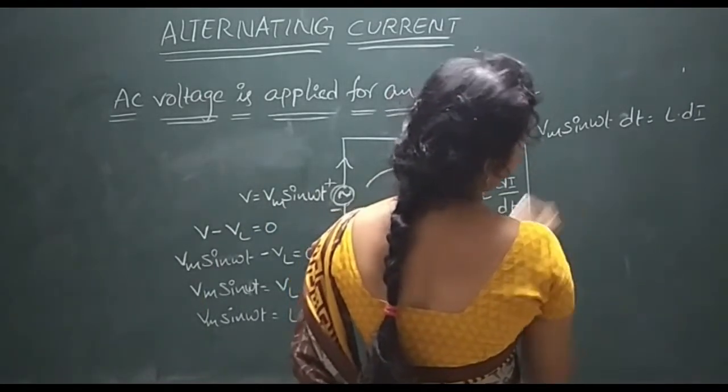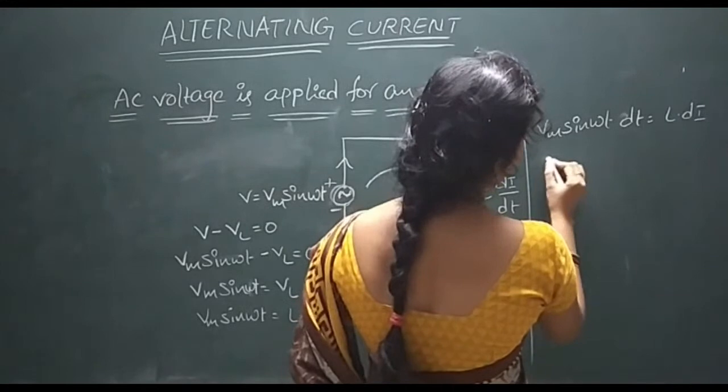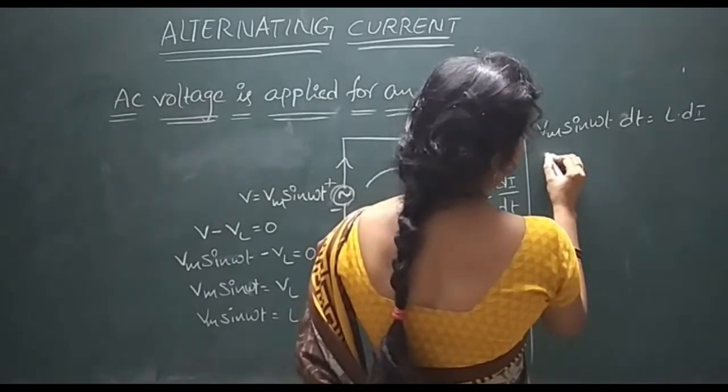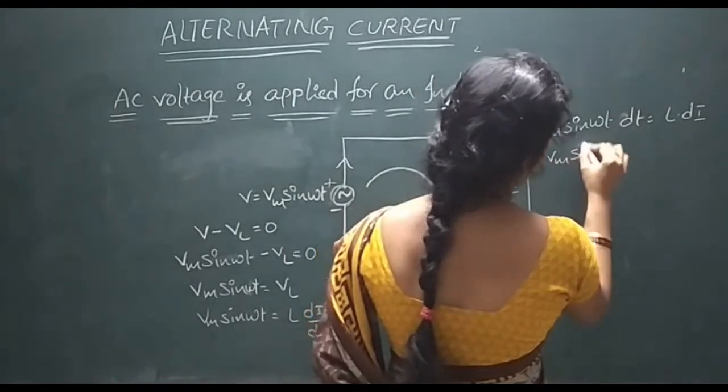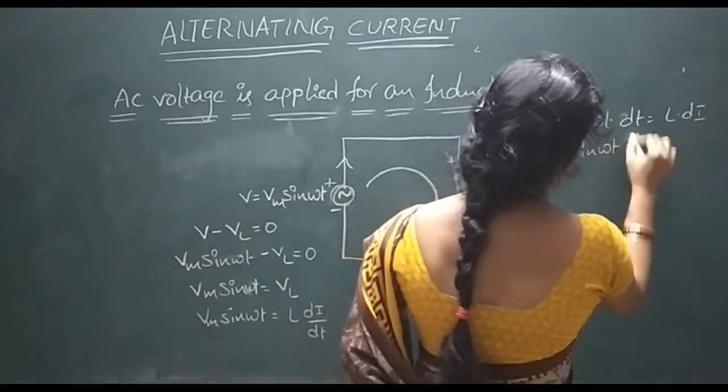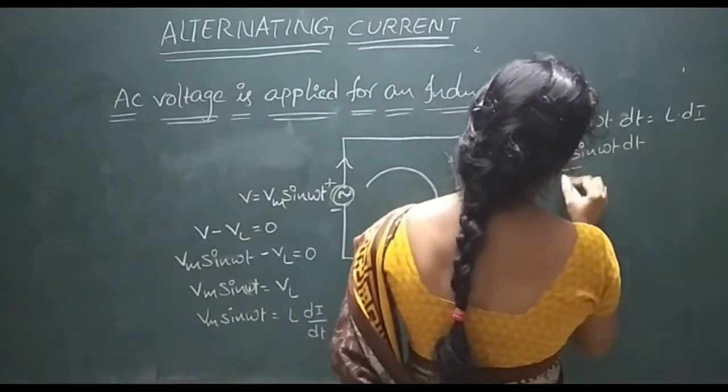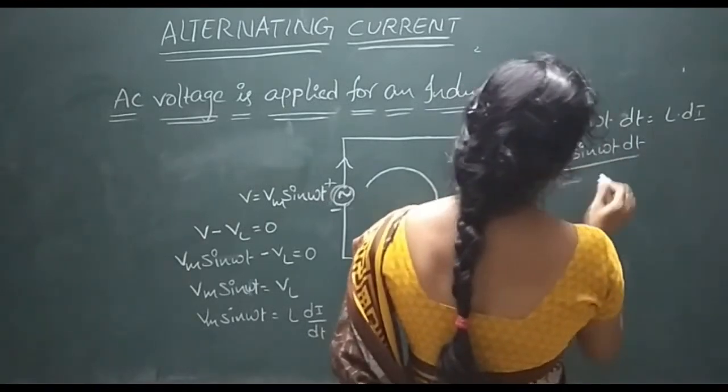Now we apply integration on both sides. Vm sin omega t dt by L is equal to di.